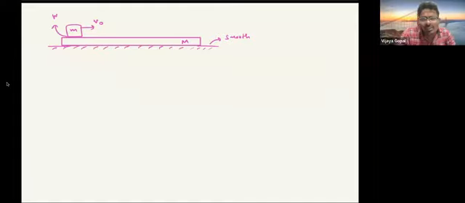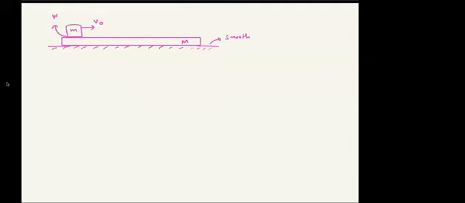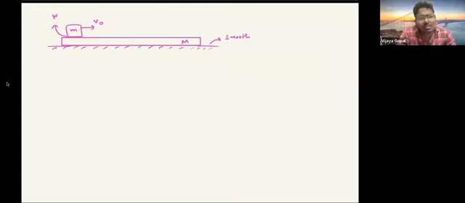The velocity of the center of mass will remain constant because net force is 0. That's fine. But from there, how can I find the distance? That I didn't understand. You cannot find distance that way.